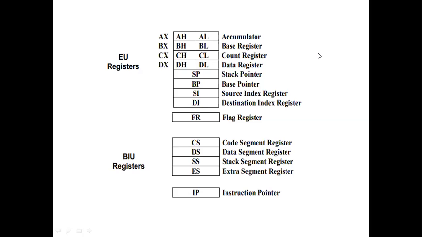Next, I'm going to the segment register. What is the segment register? First, let's discuss the EU register, and the last one is the BIU register.